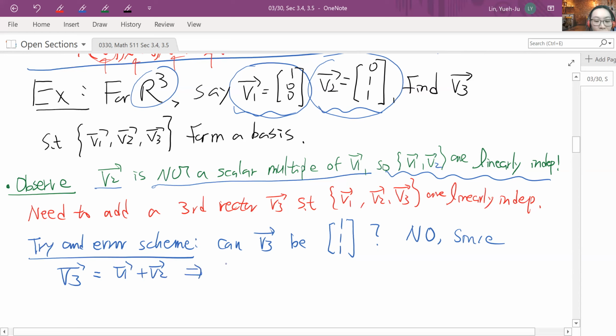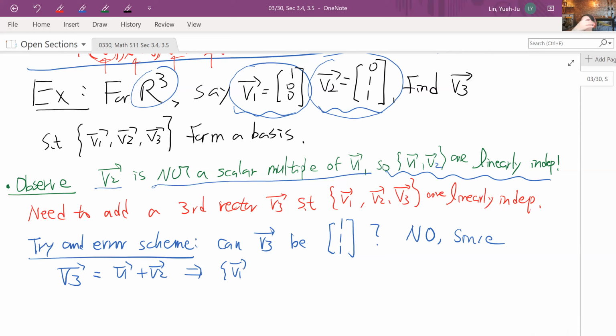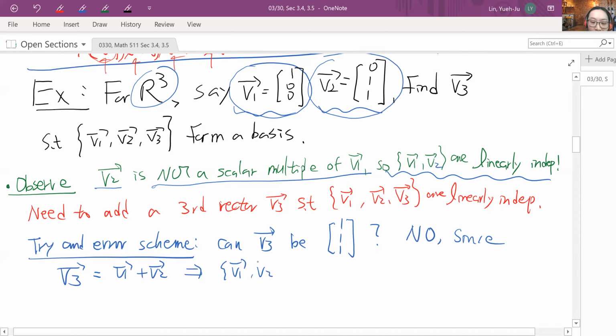So in this case, you can write one of the vectors as a linear combination of the other 2, which is what we saw at the beginning of 3.3. That essentially means they're not independent. So V1, V2, V3 won't be linearly independent, and you definitely want to avoid this choice.